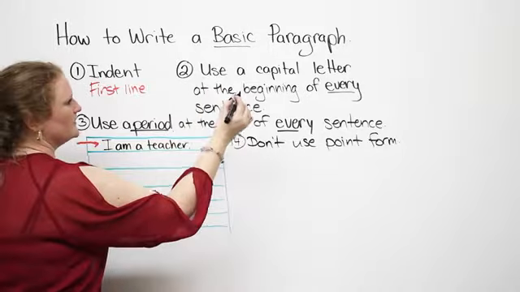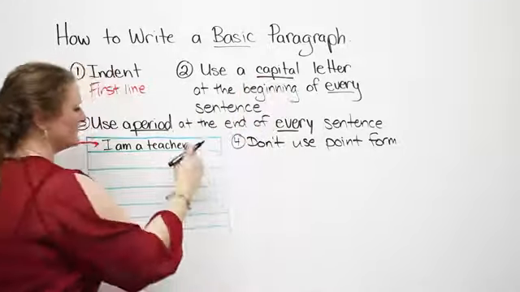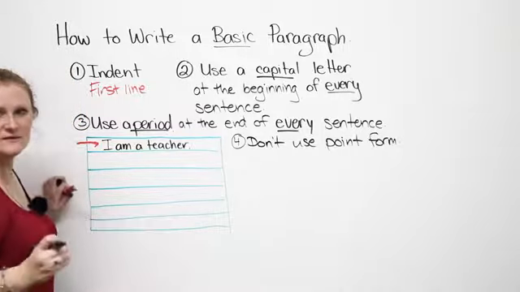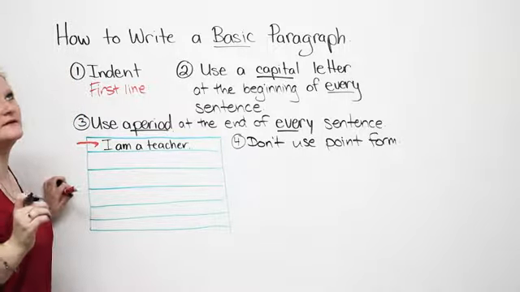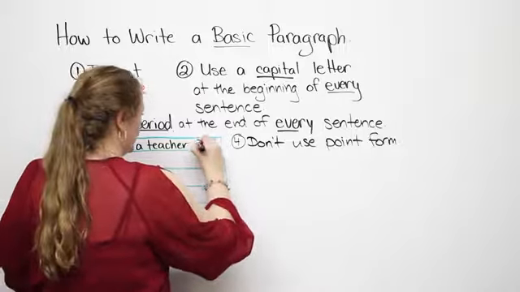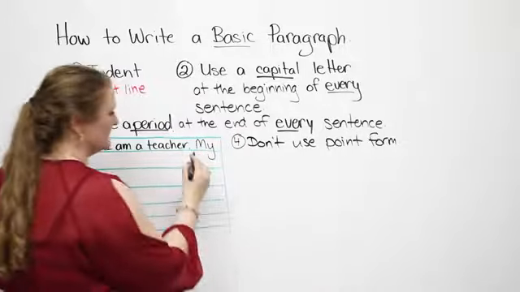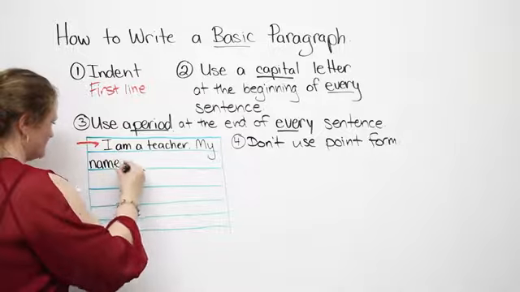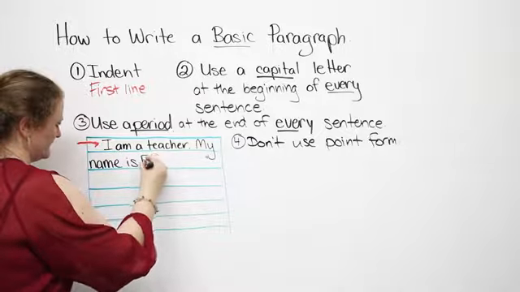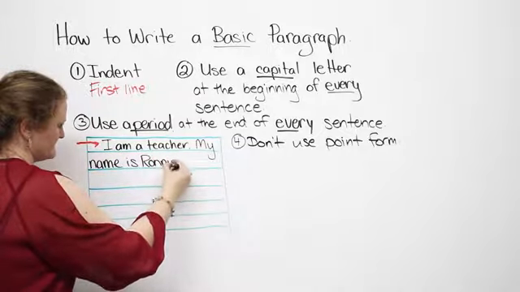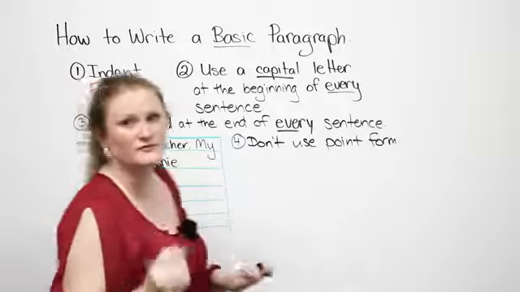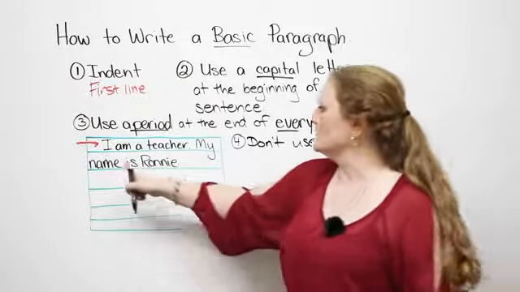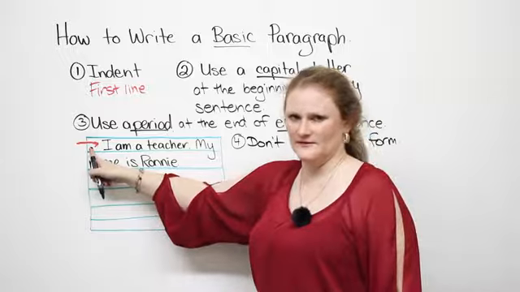So, what I'm going to do is my next sentence, I'm going to begin it with a capital letter. My. So, I want to say my name. My name is Ronnie. So, what I've done, rule number 1, indent.